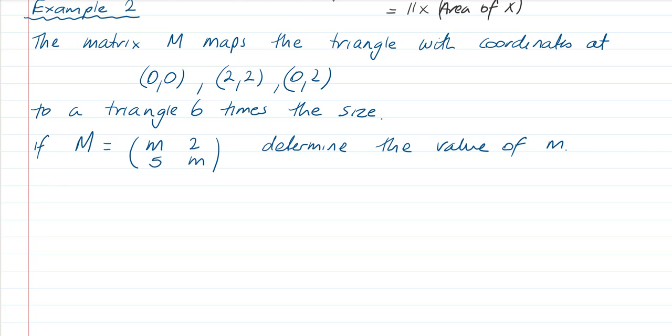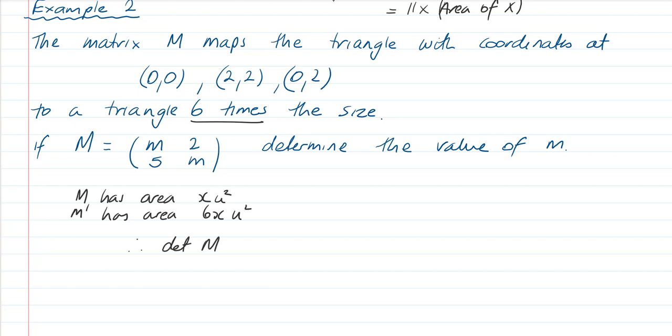So we know that if the triangle X has area X units squared, then its image has area 6X units squared, because it's 6 times as large. And therefore the determinant of M, so the matrix M, must equal 6.